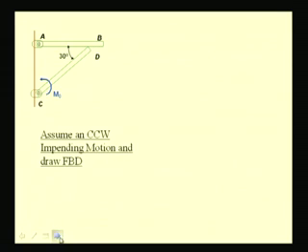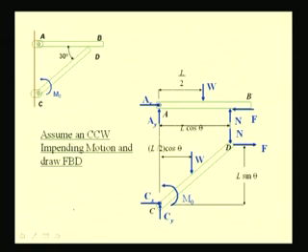So, for this impending motion case, the free body diagram is shown in this picture. Because at this point D, for the impending counterclockwise motion, this D moves from B to A, this frictional force F is marked in the direction A to B.